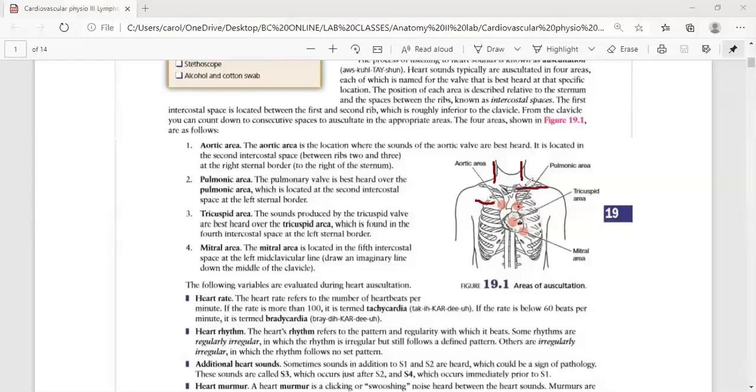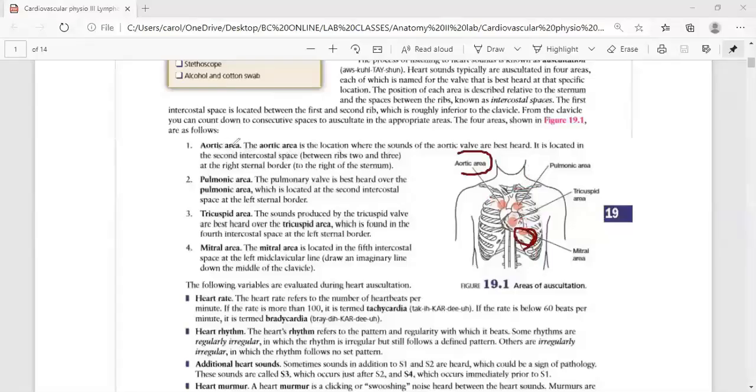You're going to get the mid-clavicular line, basically the middle of your clavicle, and you will go down like that. And then you will go like this, and more or less around here. That's when you're going to hear the other sound. So basically what you do is second, 4th, and then go to the left, towards the middle of your clavicle.